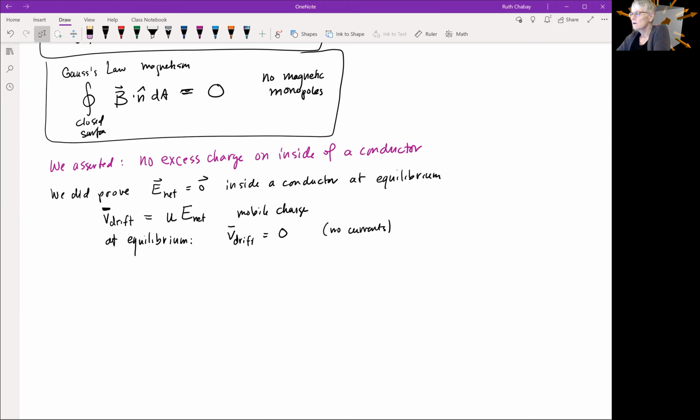And so it had to be the case, therefore, that inside a conductor at equilibrium, the net electric field had to be zero. And that's a real proof. This is a valid logical proof.